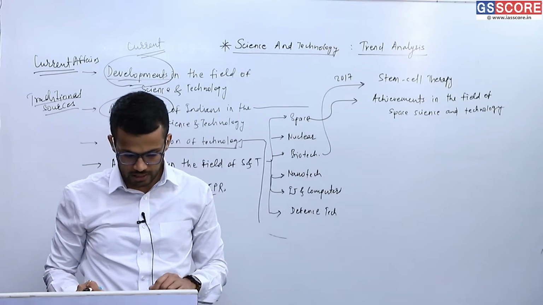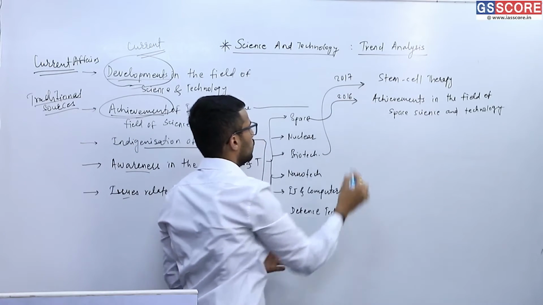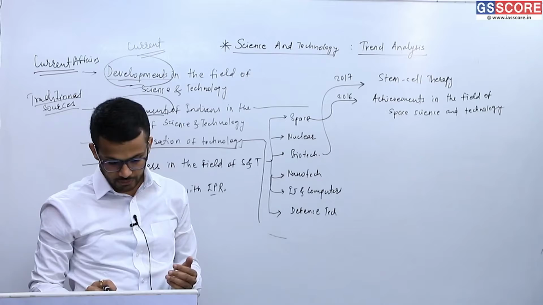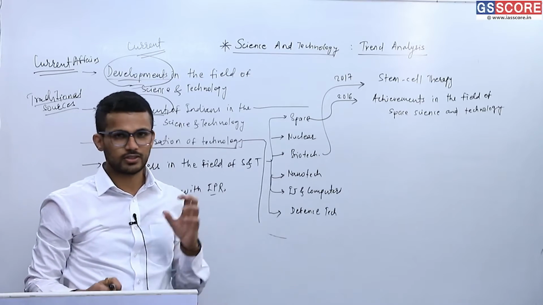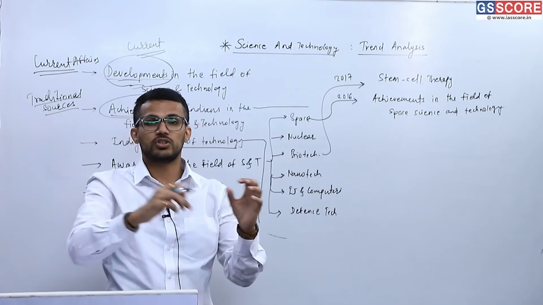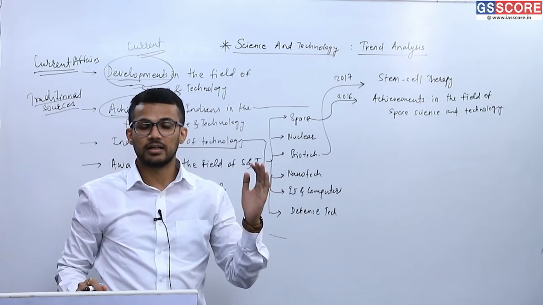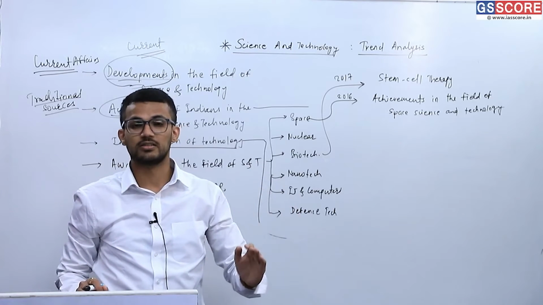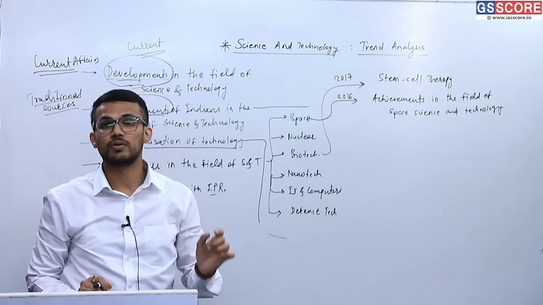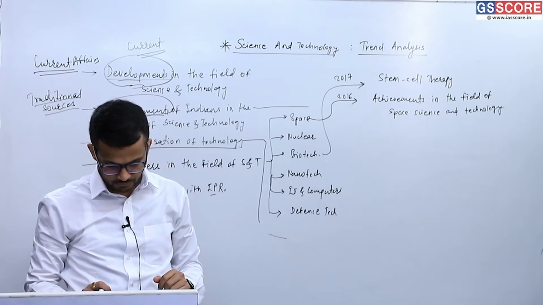And this question was asked in 2016's examination related to awareness in the field of space. Right. So this question is not about any specific achievement. This question is about the achievements that we have had in the last 50 to 60 years since the inception of ISRO. Right. So that is the question.